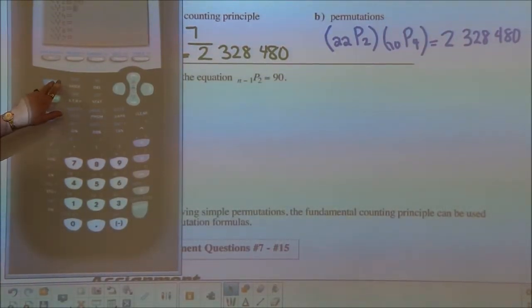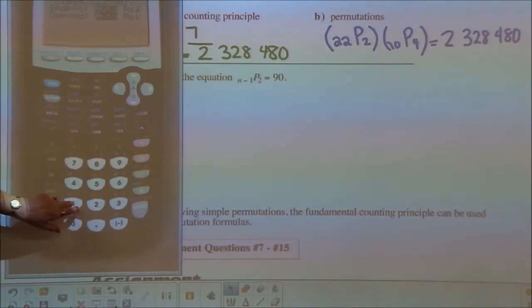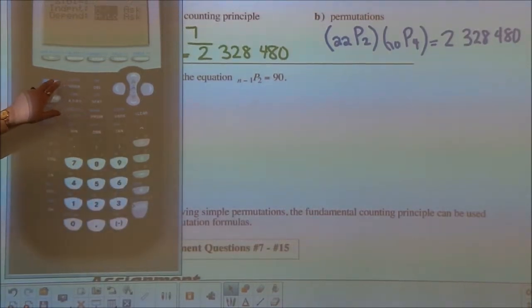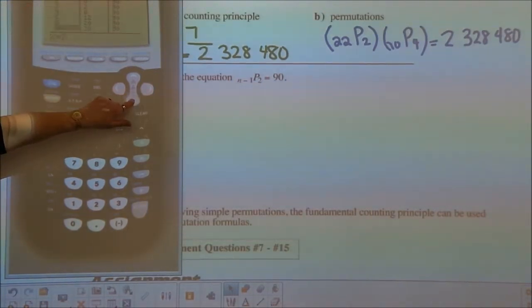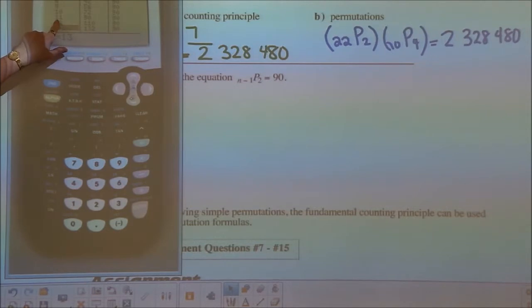If I go to my table, I might want to check my table starts at 1, going up by 1s. If I start scrolling down through the list, I want to look at when the two values equal, and that's when n equals 11. So that's the other way that I could do this.